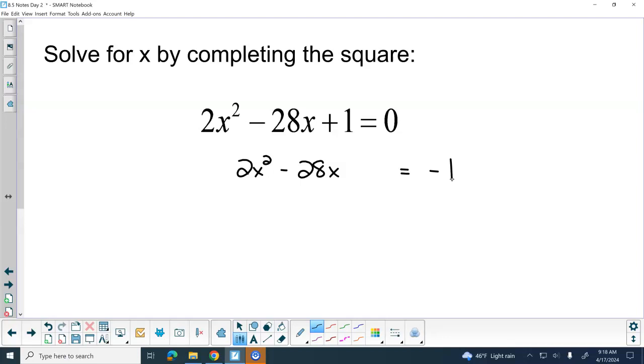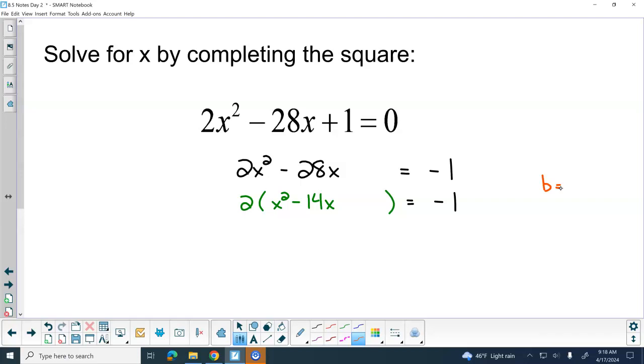Step number 2 said I need to factor out this 2. Because we have a 2 there, I need to factor it out, leaving me with x squared minus 14x, still equaling negative 1. Step number 3 said I need to identify my b value.